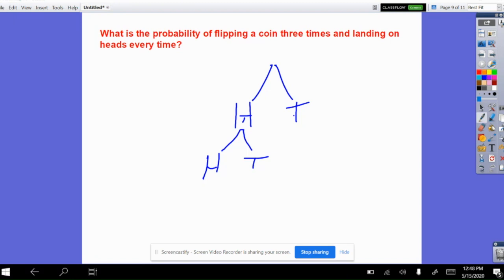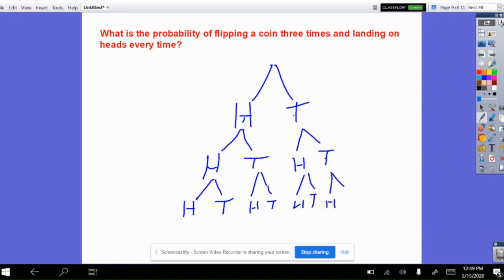If it lands on tails the first time, I'd have to flip it again, and it could land on heads or tails. Then the third time I flip it, it's either going to land on heads or tails, heads or tails, heads or tails, heads or tails.